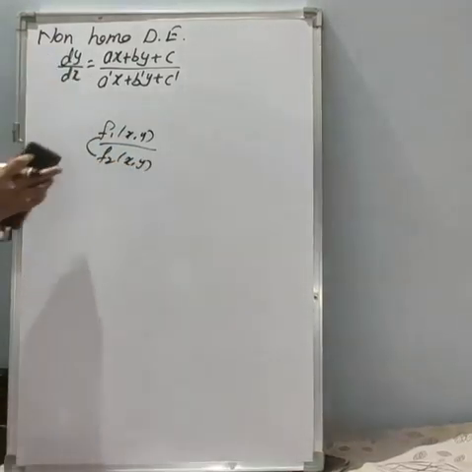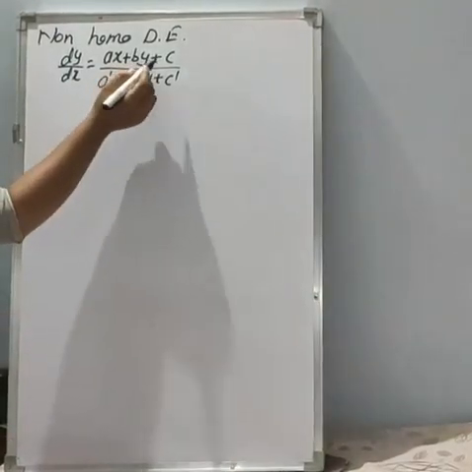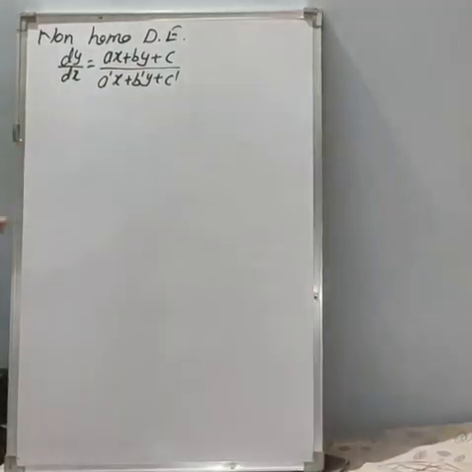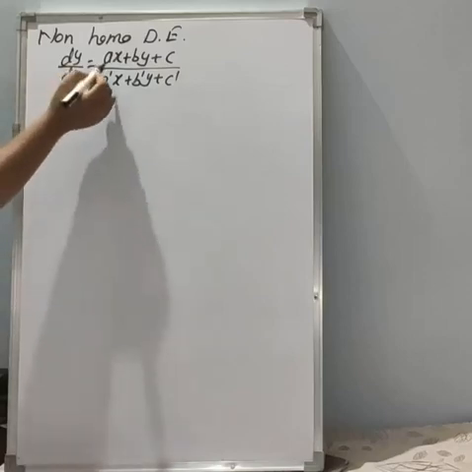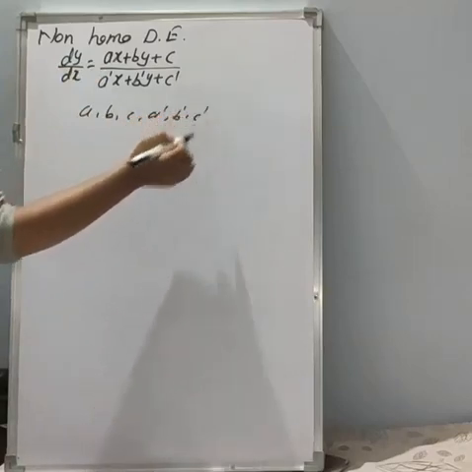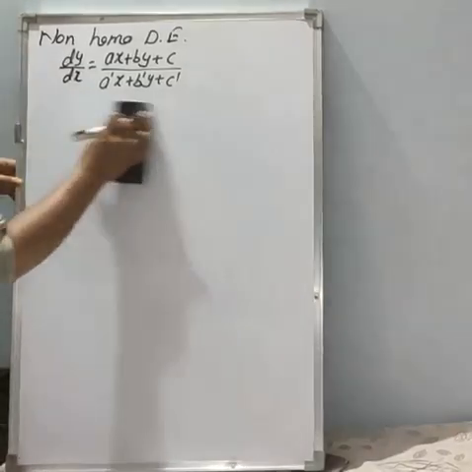But here it is in the form of dy by dx is equal to (ax plus by plus c) divided by (a dash x plus b dash y plus c dash). This type of equation is called non-homogeneous differential equation, where a, b, c and a dash, b dash, c dash are the constants. Okay, so how to find the solution of this type of equation?